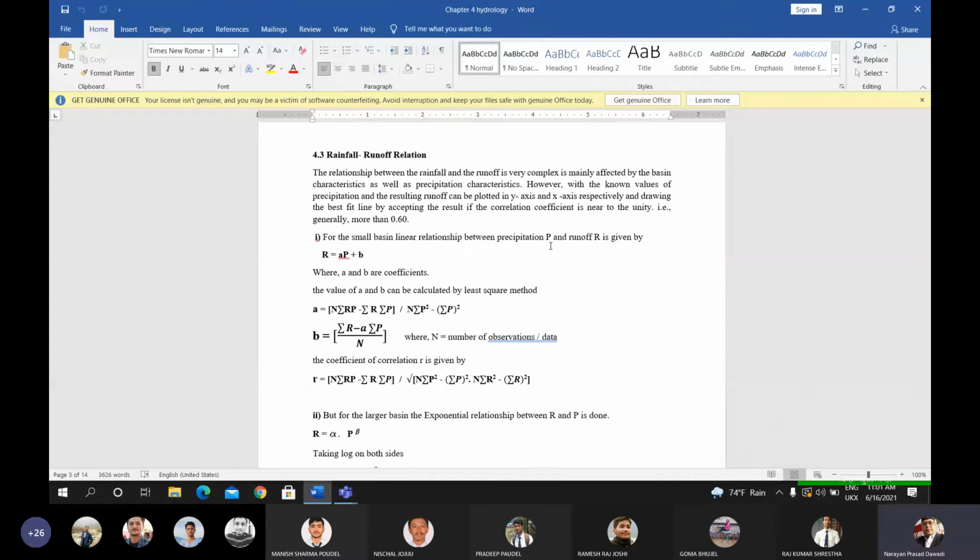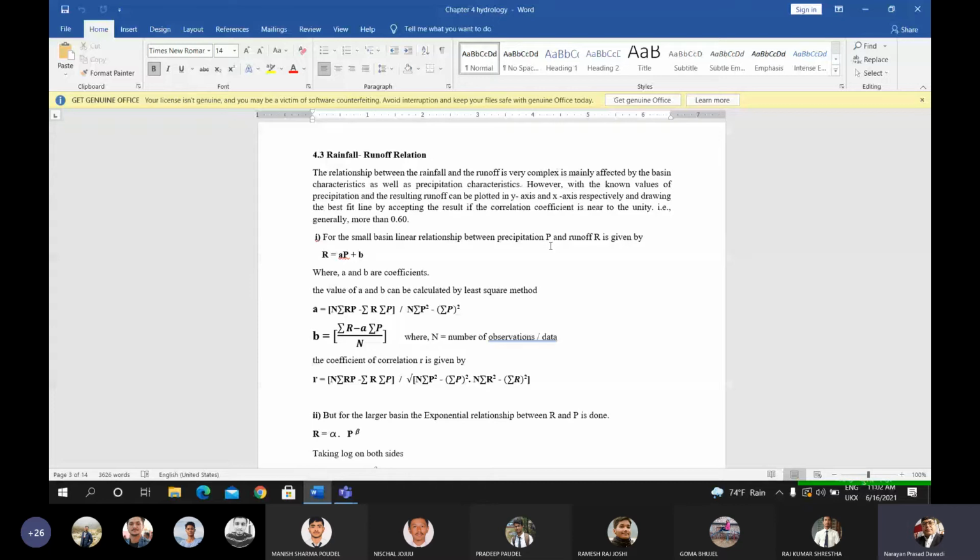With the help of that, the value of K is determined, and the value of FC is determined. So the Horton's equation is derived into a simpler form, and knowing some value of time, the infiltration capacity rate is calculated using that equation.